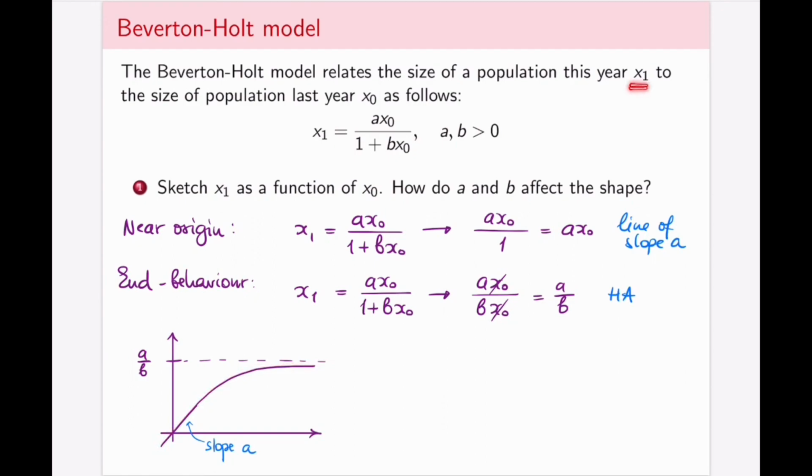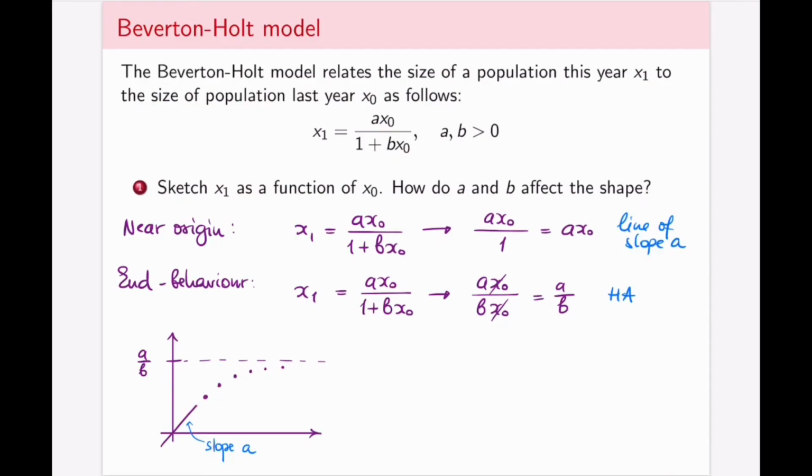I am given numbers of population this year, next year, the year after, and so on. So I actually don't have a continuous smooth curve. What I have really is a bunch of points that will lie 4 years apart, like for example, in the Skeena Salmon River example, but they will really not be connected to each other because we don't have data points for everything in the middle.